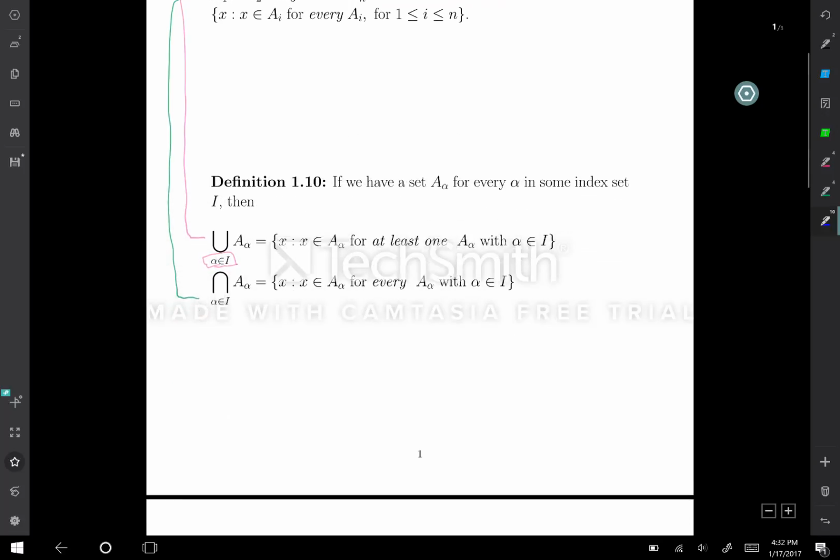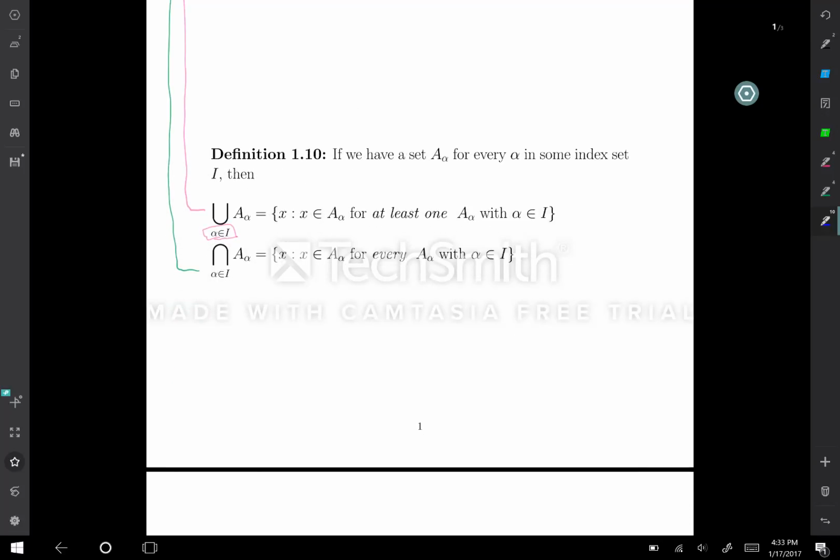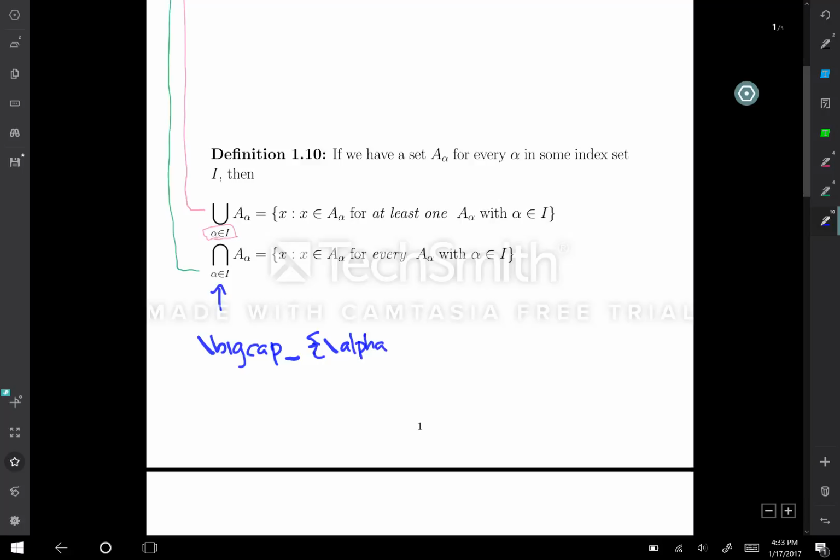Now, one thing that you're going to need to be able to do is type this up in LaTeX. The command you're going to want for, say, the intersection here is \big cap, underscore, \alpha \in capital I, in squiggle braces.